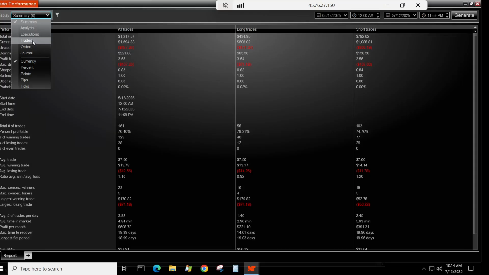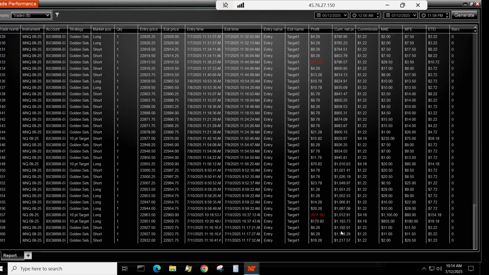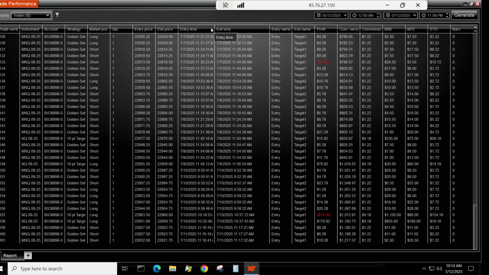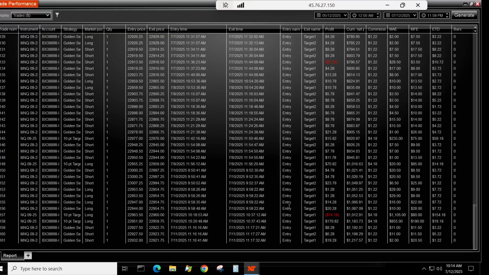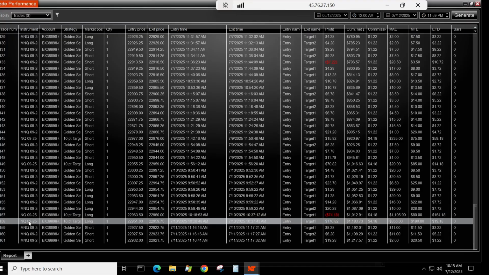Let me see where I was trading this. I think yesterday's trades were in there. Yeah. And again, this is a different style of trading. That was an NQ. Yeah, I'm dipping NQ every once in a while.